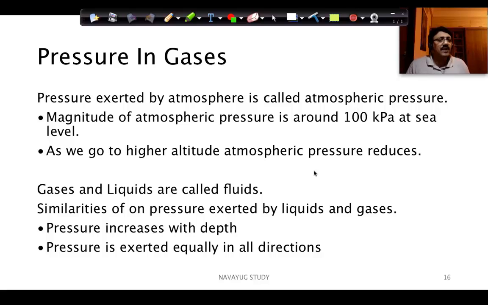Both gases and liquids share the same properties of pressure, right? Both of them are h rho g, correct? Both of them accept Pascal's law. Gases also follow Pascal's law, liquids also follow Pascal's law. So since both of them follow the same laws of pressure, they are also called fluids.